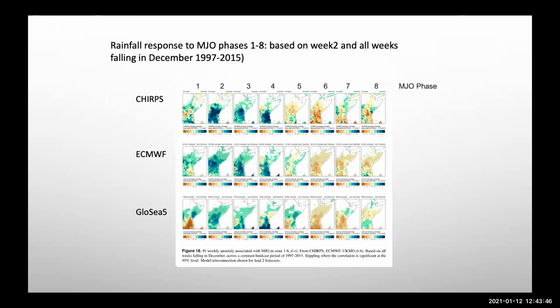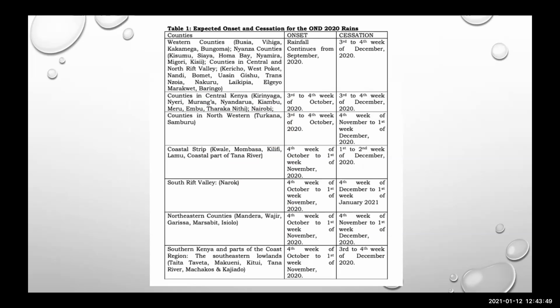When you look at the onset that was issued for the OND 2020 rains, we were able to not just look at the normal statistical years, the analog years that we normally identify. For the last season, we had identified 1995, 98, and 2016, which were quite dry. Normally, to identify the onset of this season, we would look at the data, the statistics, and see when in 1995, what time of the year did we start receiving rainfall in October.